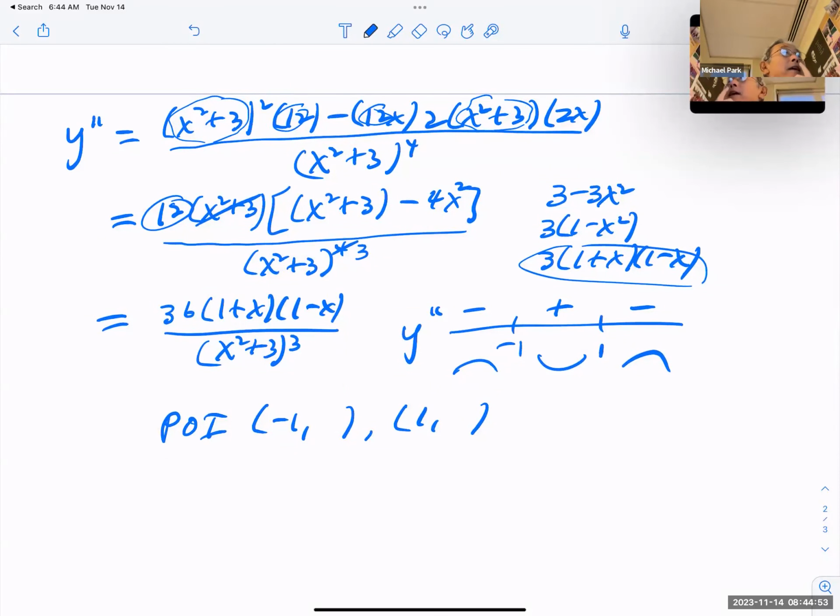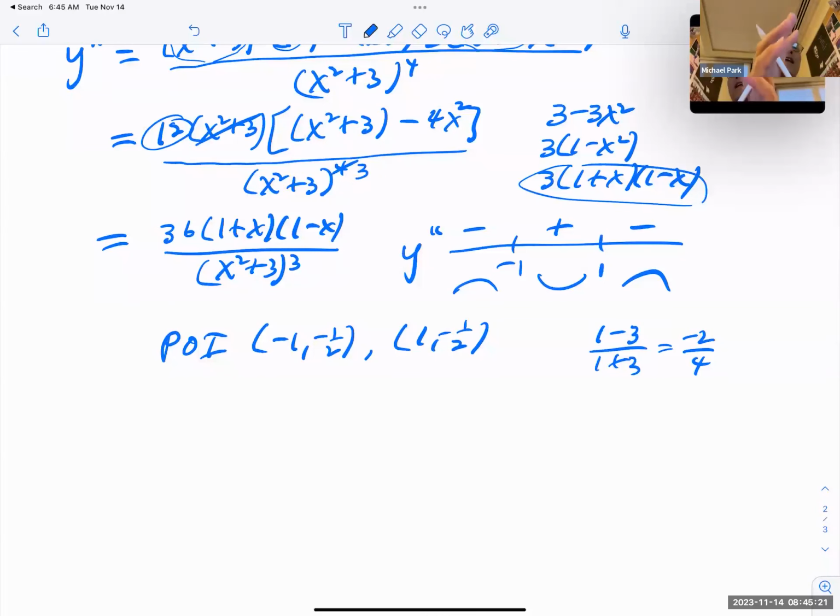If you plug in -1, you get (1 minus 3) over (1 plus 3), which is -2/4. That's -1/2. And then if you plug in 1, you're going to get the same thing because this is an even function. It's symmetric about the y-axis, right? Because if you plug in -x for x, you get the same thing. Or if you don't believe me, just plug in 1 and you get the same numbers.